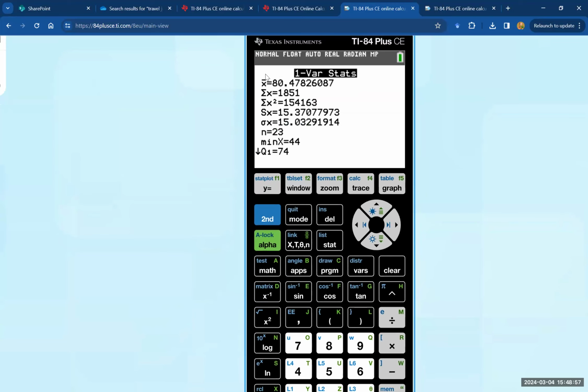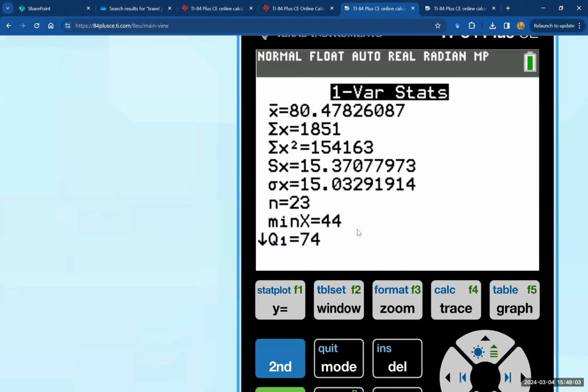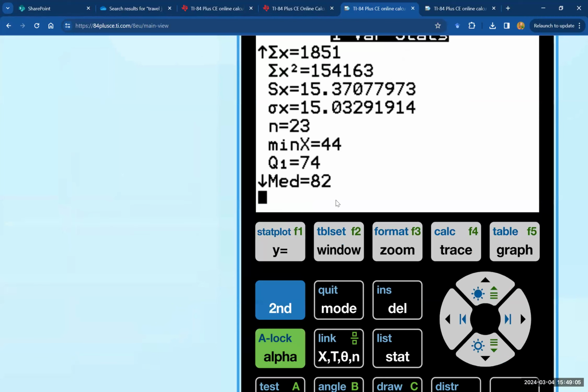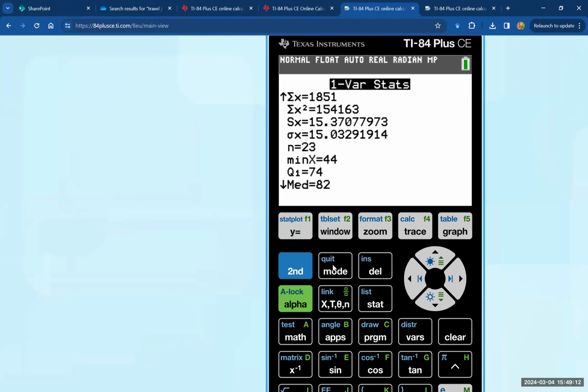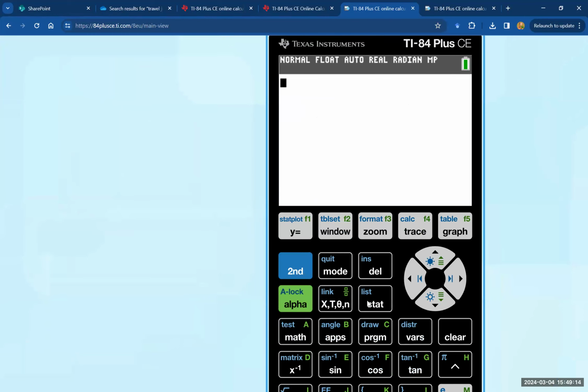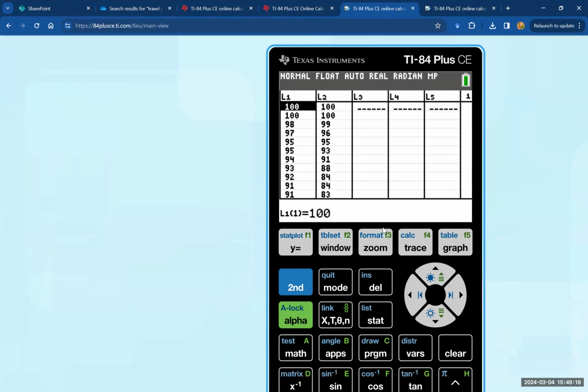The mean is 80.5, and the median, which comes after Q1, is 82. And just to confirm that, I think it's worth looking at the table. I think we got 82.